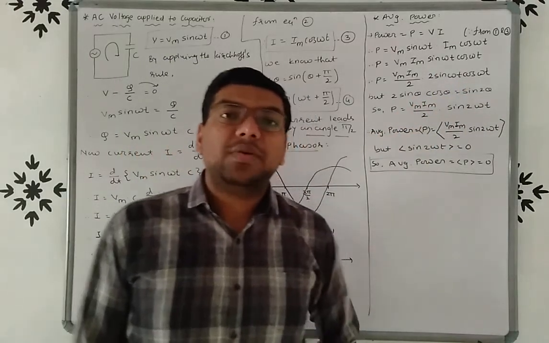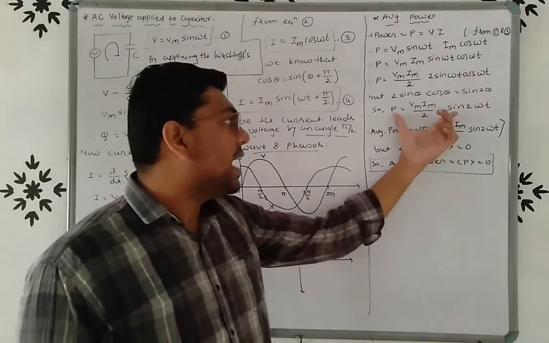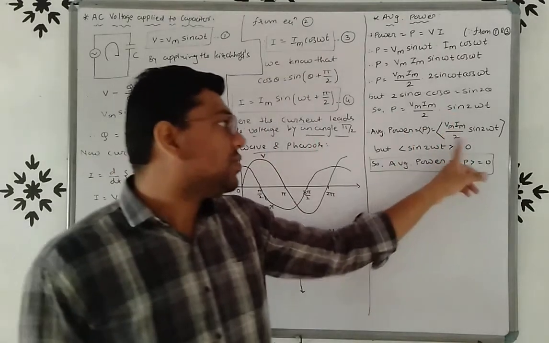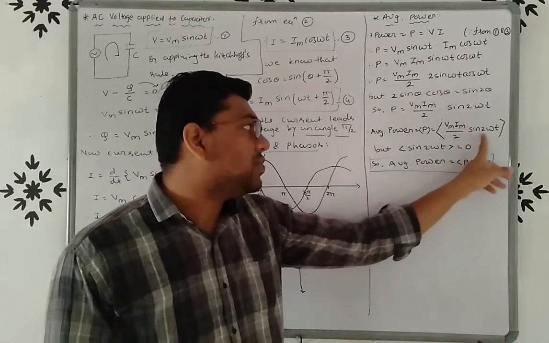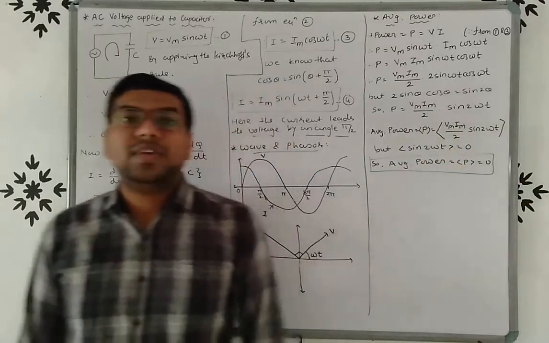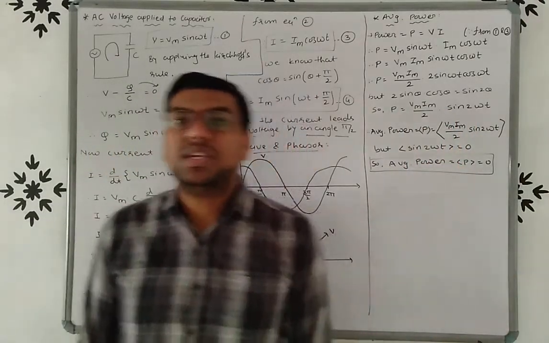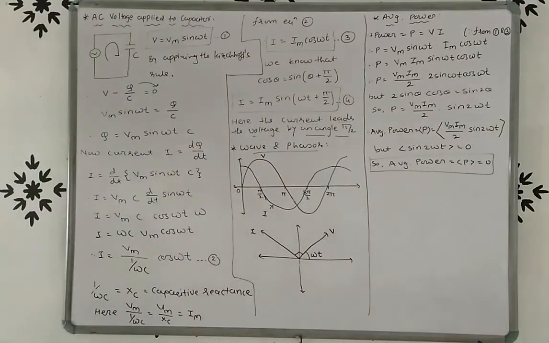Now to find the average power, we take the average of this equation. So average power equals the average value of Vm Im by 2 sin 2 omega t. But we know that the average value of sin 2 omega t is 0. So here the average power is 0. So when AC voltage is applied to the capacitor, the average power is 0.